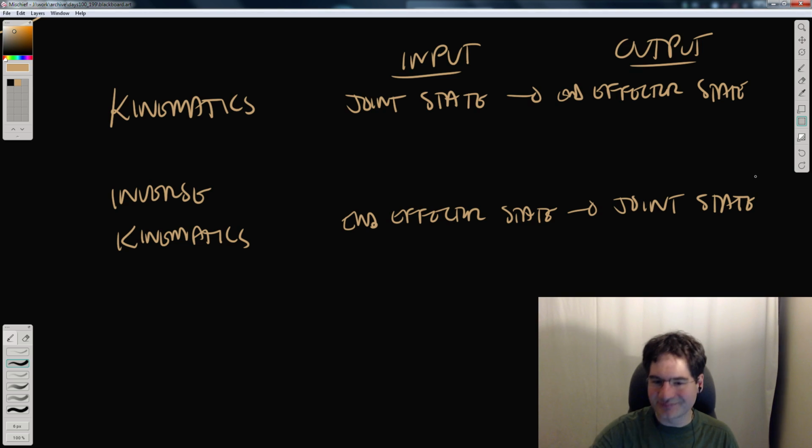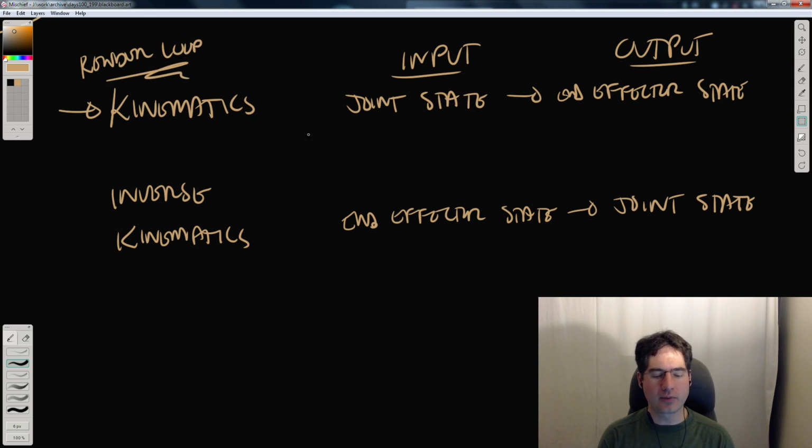Well, we care about this because almost all the time, when you are dealing with these sorts of things, this kinematics is the part that the renderer does.